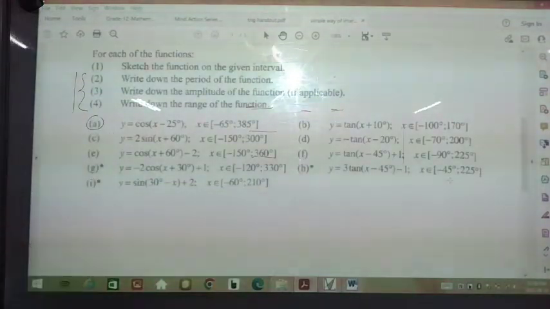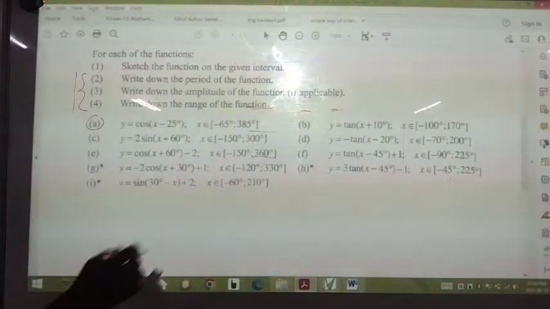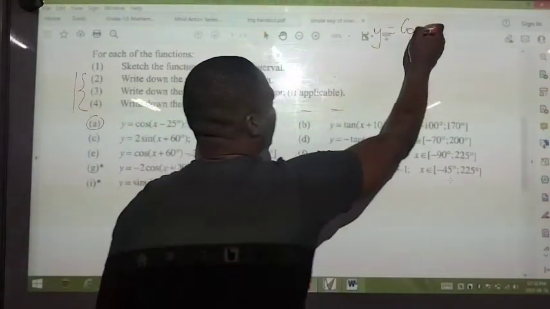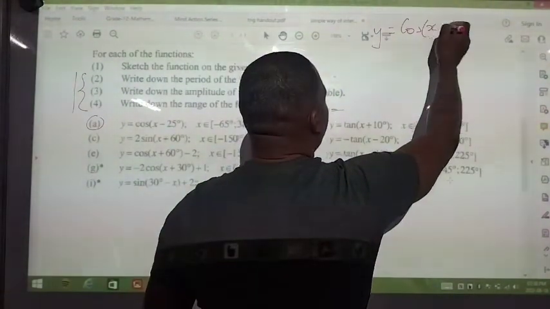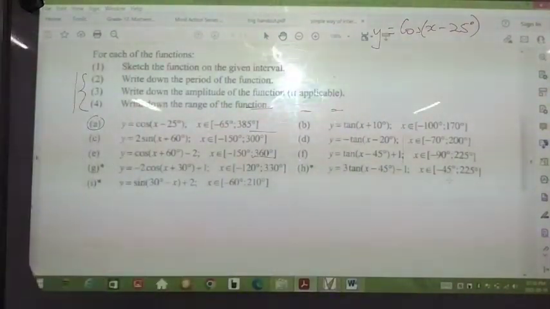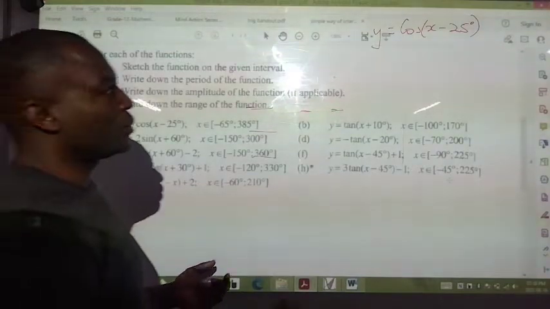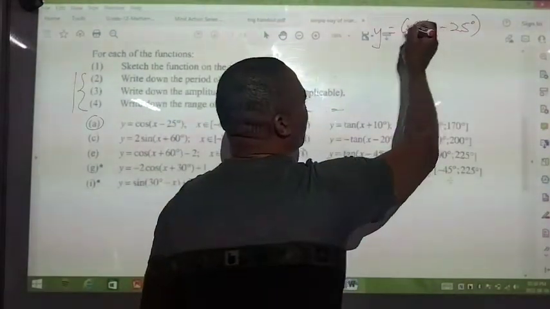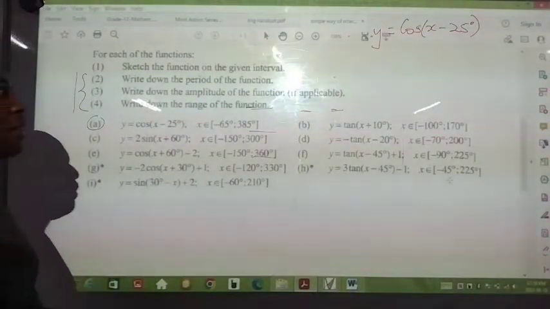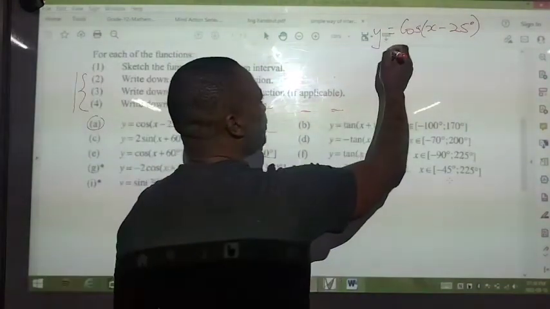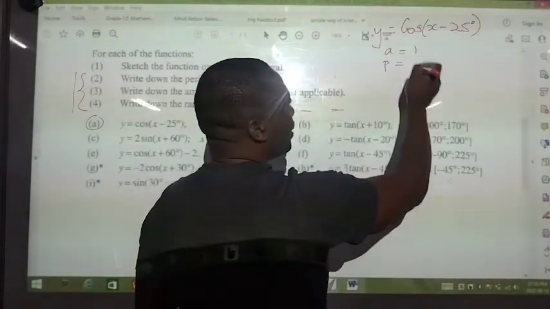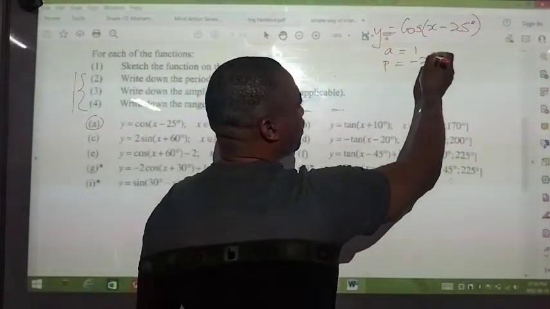Let's take the first question, A. We are given that y is equal to cos(x minus 25 degrees). Now we need to have the correct interpretation of the parameters that we have. Here, our A is equal to 1, our P is equal to negative 25.